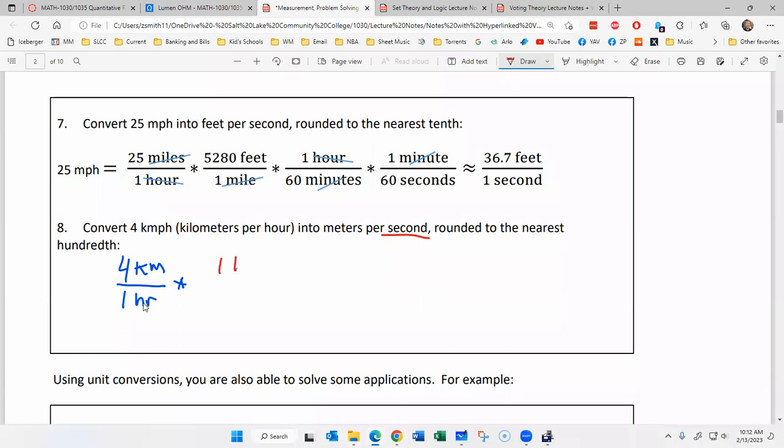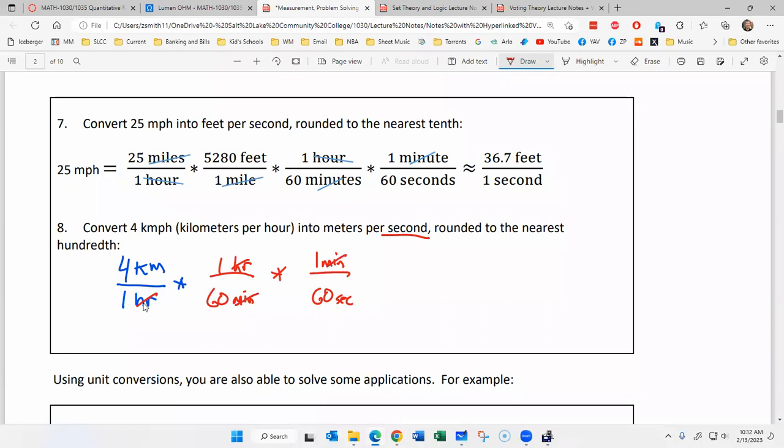So I know in 1 hour, there's 60 minutes. And in 1 minute, so now minutes is in the denominator. To convert out of there, I need a minute in the numerator. 1 minute, 60 seconds. And in that way, I have converted the time.